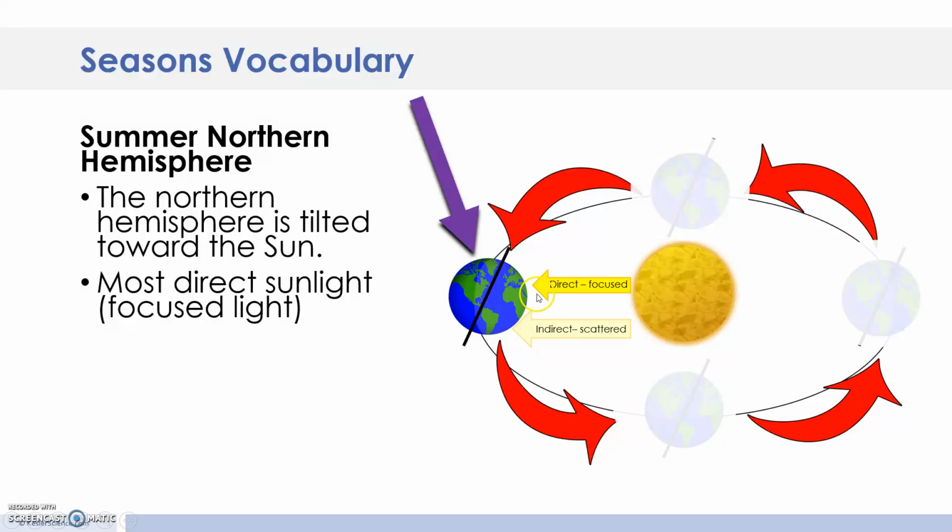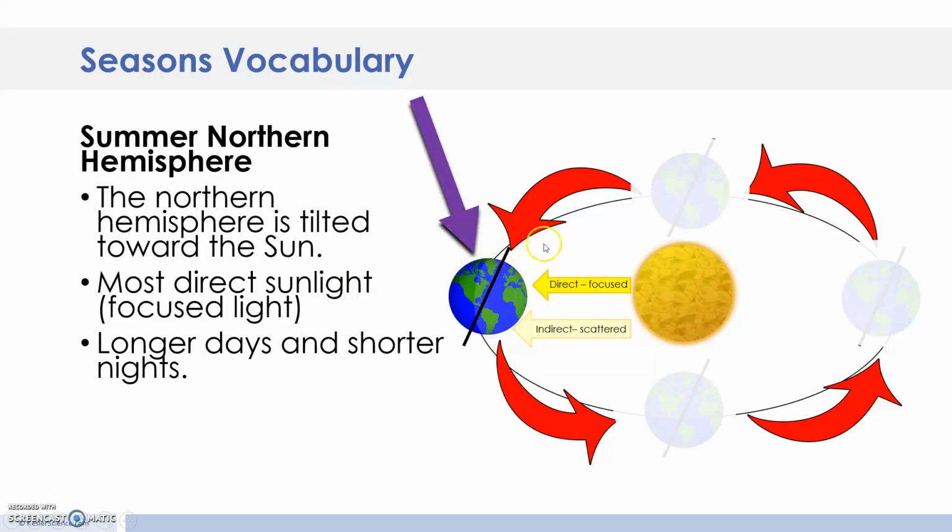around the southern hemisphere. So we're actually kind of tying in some of what we learned about in the light wave section, where we're getting the visible light waves and UV radiation from the sun here, and it's more direct in the northern hemisphere in this position, and more indirect or scattered, which is a word that we talked about, in the southern hemisphere. So here in the northern hemisphere, we have a lot longer days and we have much shorter nights.